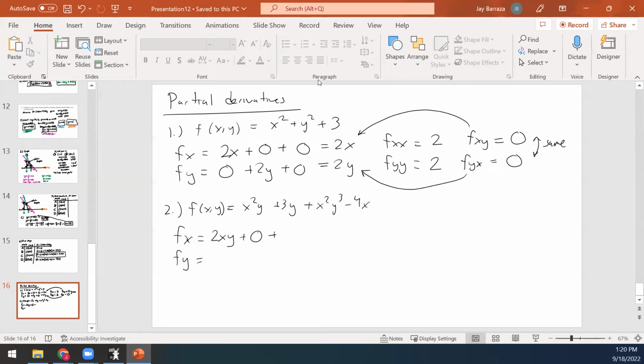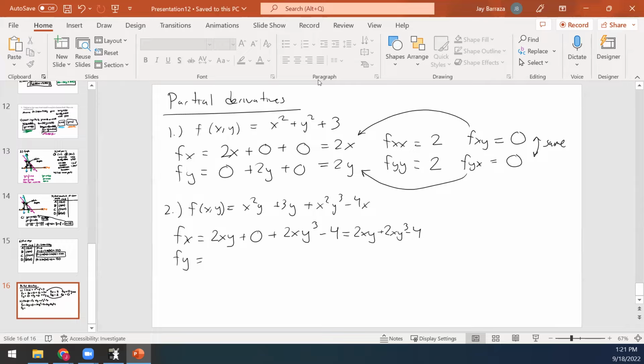The derivative of x squared y cubed is going to be 2x y cubed, just like that. Okay. Again, y cubed is a number to me. I just leave it alone. And then the derivative of 4x is just a minus 4. Okay. So this is equal to 2xy plus 2xy cubed minus 4.